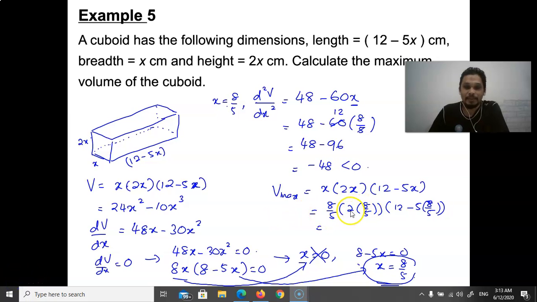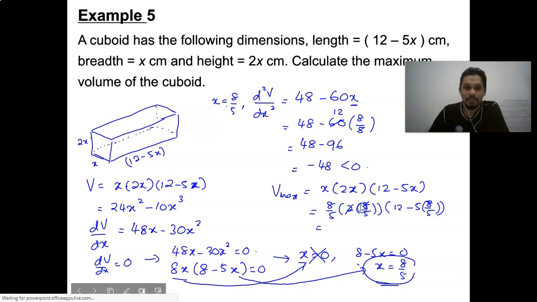Simplify this: 2 times 8 equals 16, and 5 divided by 5 equals 1.